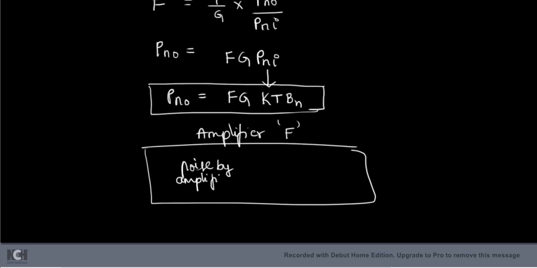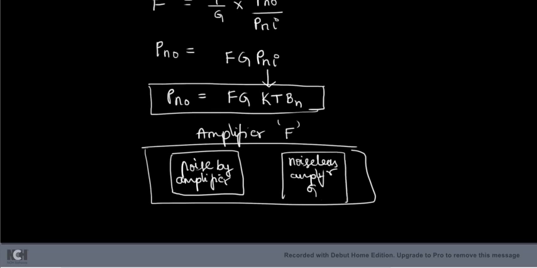Even your amplifier will produce some noise, no? So that is your noise provided by the amplifier, and then you can model your amplifier as a noiseless amplifier. And what is the gain of the amplifier? Capital G. That I am writing here.